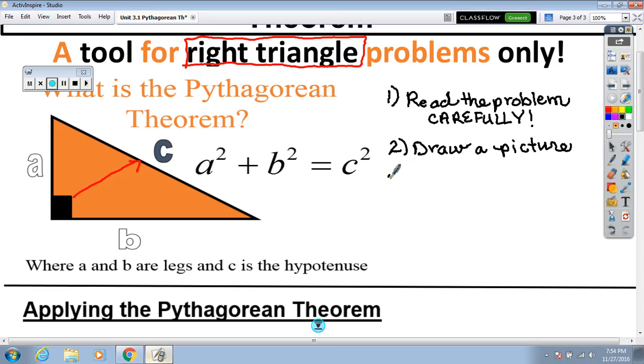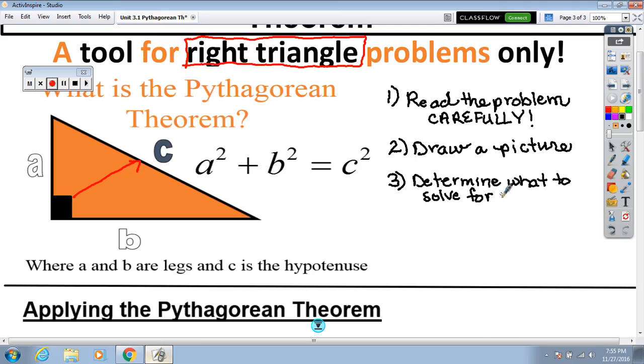All right, so after we draw the picture, we will determine what we're solving for. And remember, whatever we don't know, we use a variable.